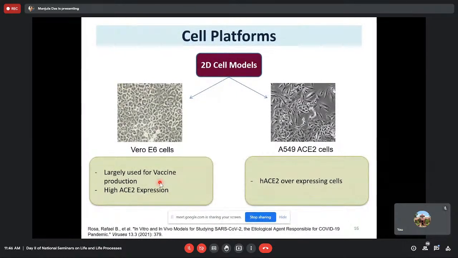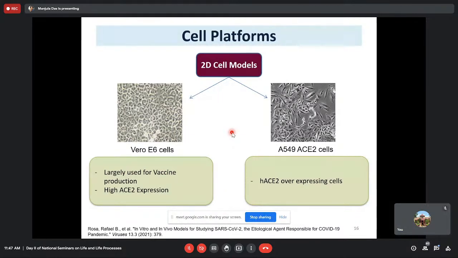When we wanted to check the activity of the protein on an in vitro platform, it is important to pick an ideal one. In this case, we wanted to check it on Vero cells, because, as I mentioned earlier, kidney cells express ACE2.